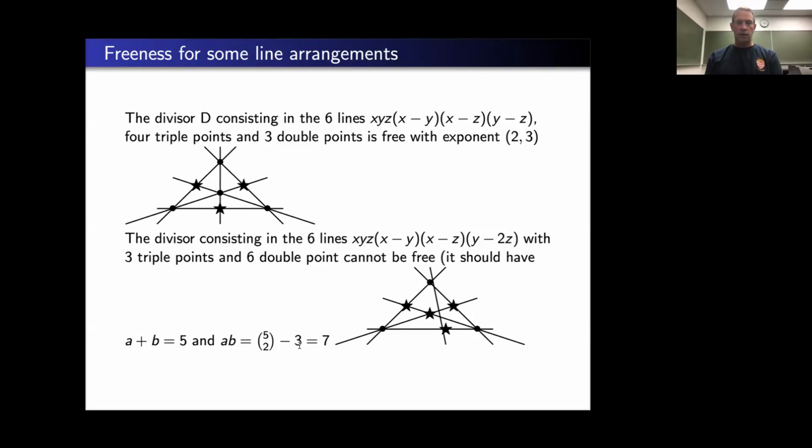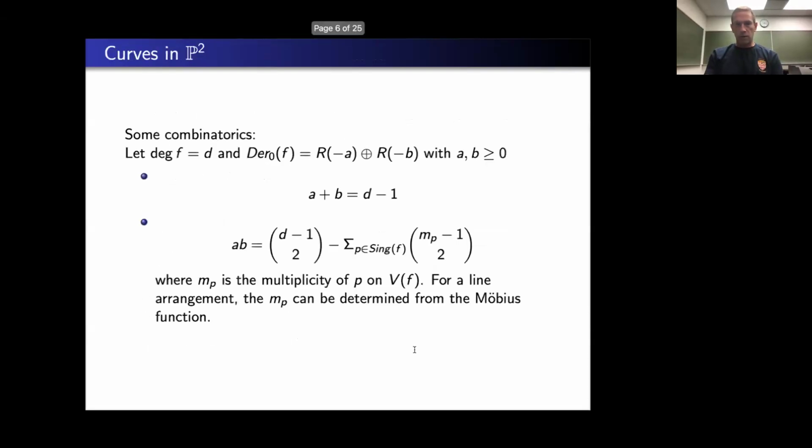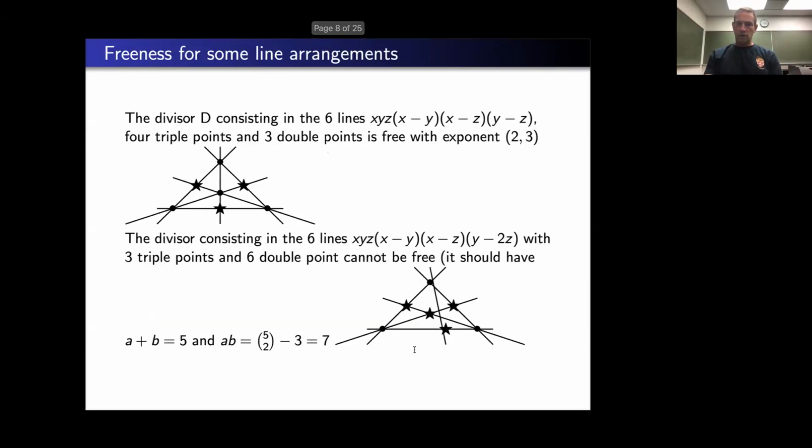You don't have to do anything except use that little observation that we had a few pages ago, which was that if your arrangement is free, we have 2 numerical conditions. And in this case, those numerical conditions aren't satisfied. So this perturbation is not a free arrangement. And so, of course, we've changed the combinatorics.